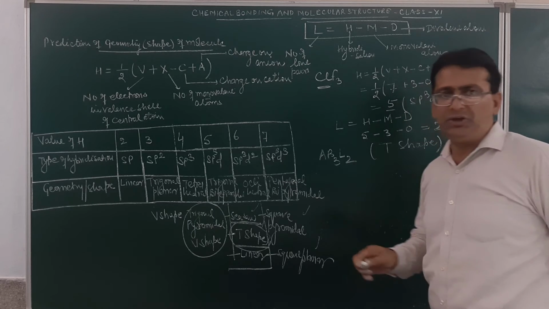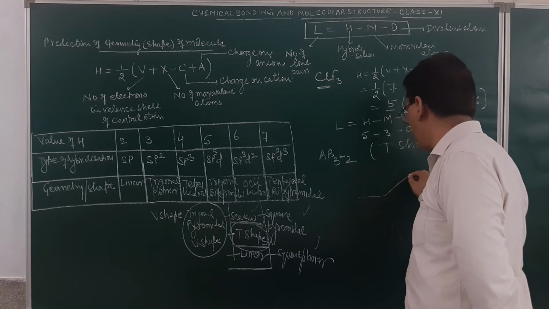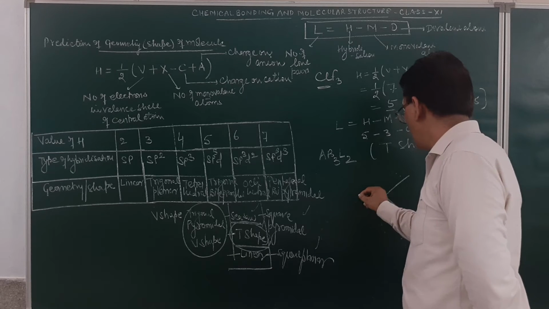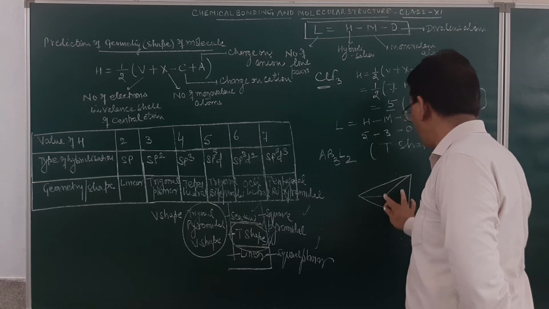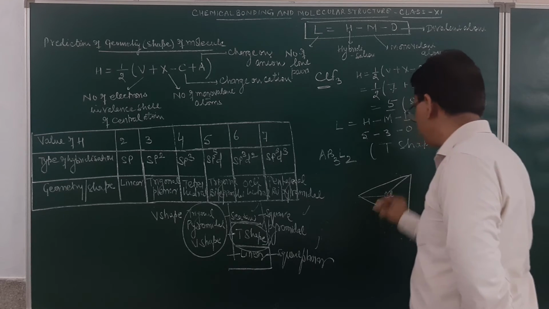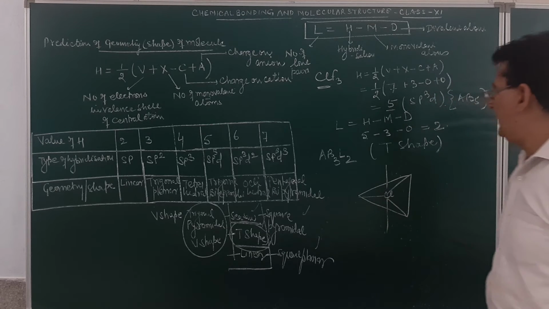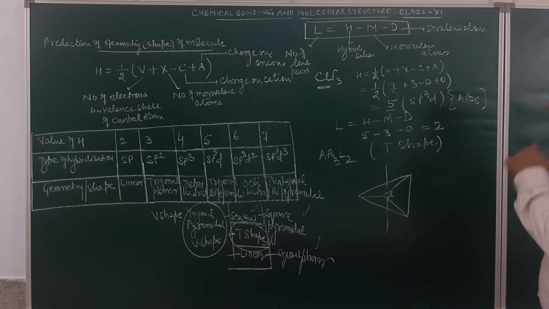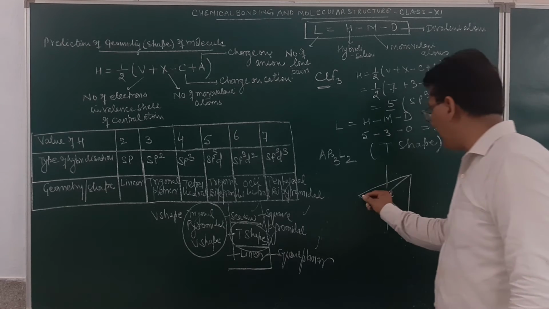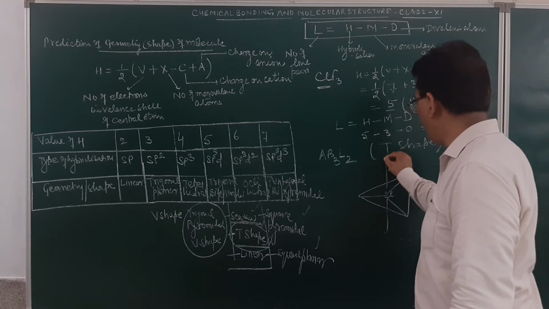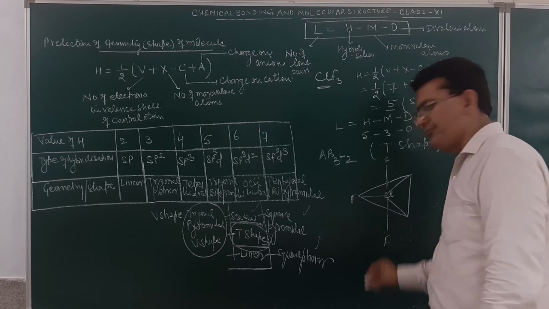Then how do we make the T-shaped structure? It is trigonal bipyramidal. First of all, the geometry will be of this kind. This is trigonal bipyramidal geometry. This is the chlorine atom. Now, it will have a T shape. Just see, this will be a T shape. So this will be fluorine, this will be fluorine, and this will be fluorine.